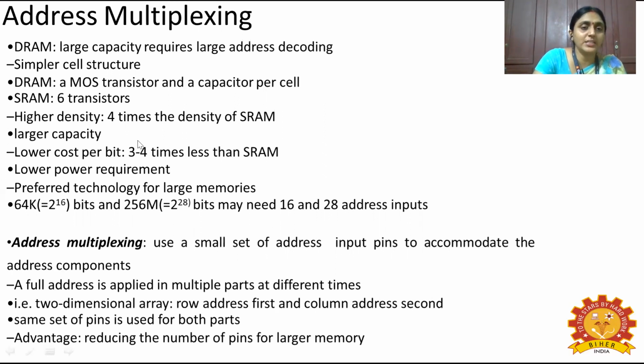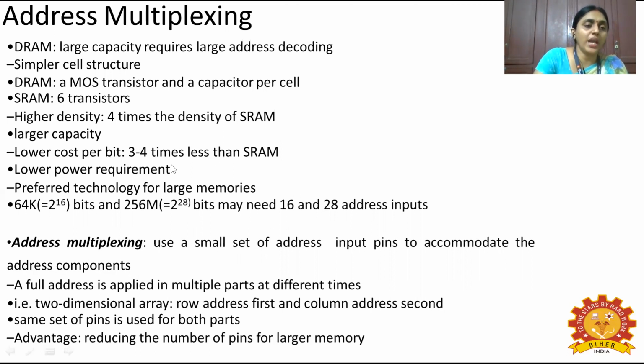DRAM has higher density, 4 times the density of the static RAM, a larger capacity and a lower cost per bit, 3 to 4 times less than the static RAM. It also has lower power requirements, and it is the preferred technology for large memories.